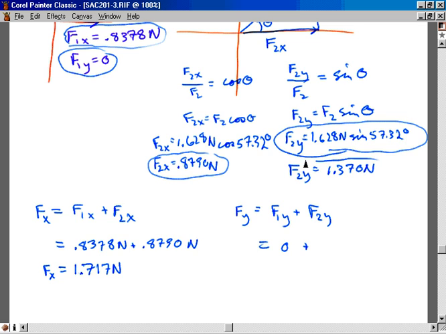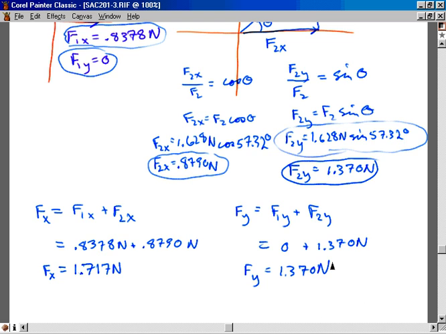So this is the thing I actually wanted to circle as opposed to this guy. Alright. 1.370 newtons. So Fy itself is just the 1.37 newtons.